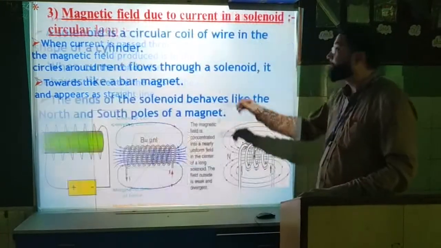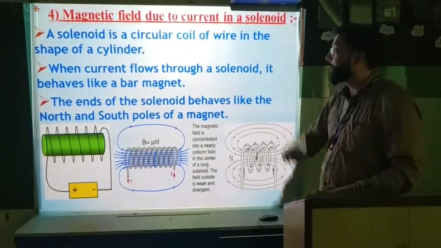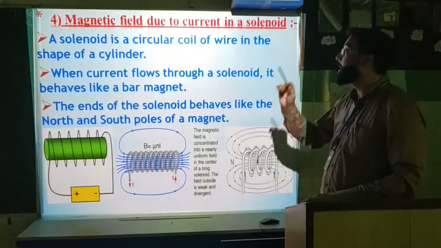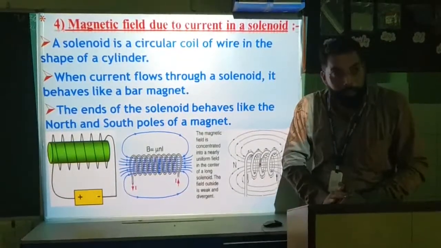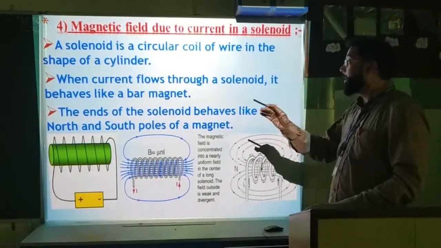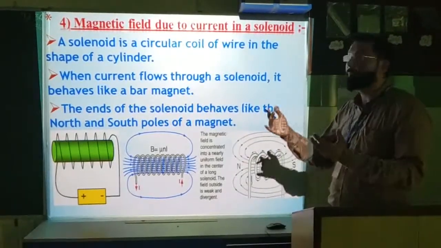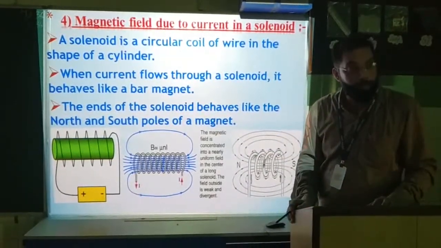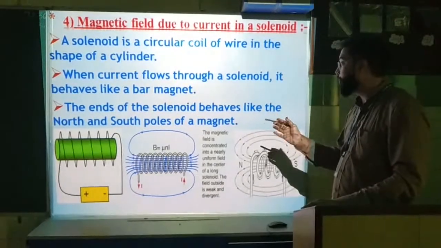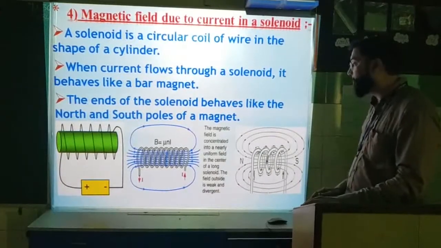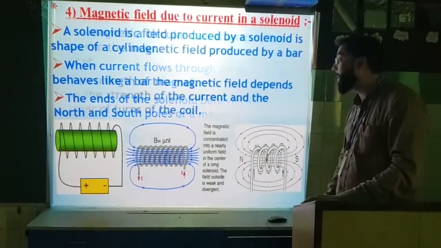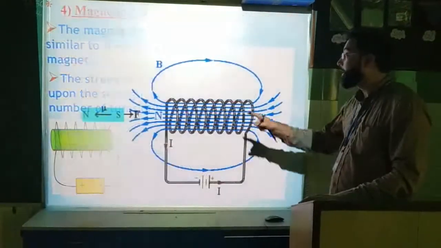Next is the solenoid. A solenoid is a circular coil of wire in the shape of a cylinder. When current flows through a solenoid, it behaves like a bar magnet. The ends of the solenoid behave like the north and south poles of a magnet. This will be explained by this diagram.